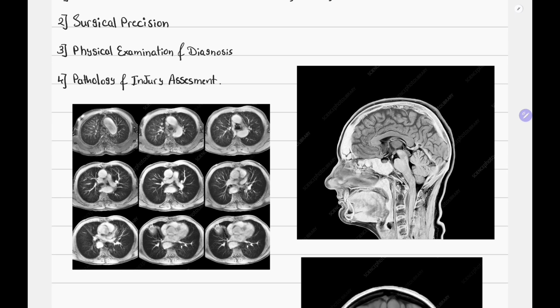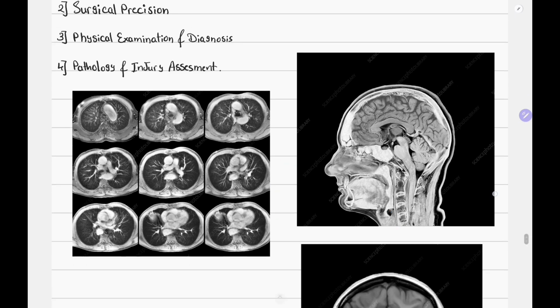Lastly, this is the CT scan of the chest and you are able to view the axial plane. The section is made in the axial plane. This is the MRI section of the brain and the plane is the sagittal plane, because you are able to see the anterior and posterior, and you have changed your point of view from anterior to the lateral side to view the sliced section of the body.